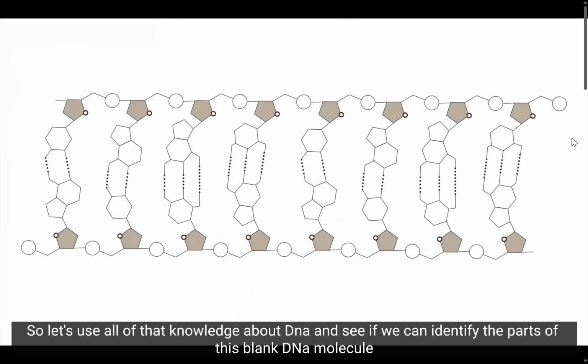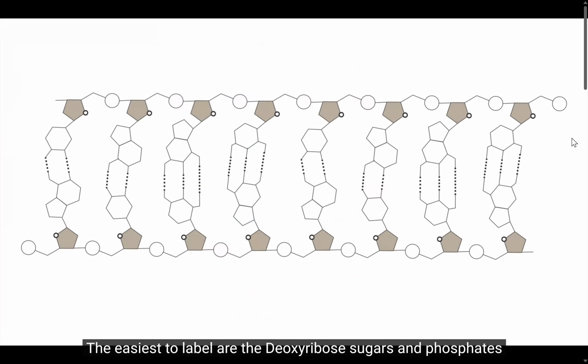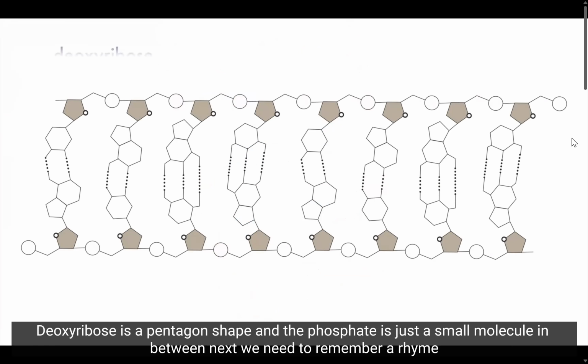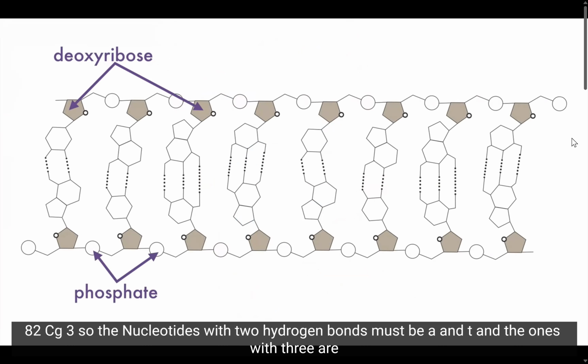So let's use all of that knowledge about DNA and see if we can identify the parts of this blank DNA molecule. The easiest to label are the deoxyribose sugars and phosphates. They make up the outside of the molecule. Deoxyribose is a pentagon shape, and the phosphate is just a small molecule in between. Next, we need to remember a rhyme, AT2CG3.